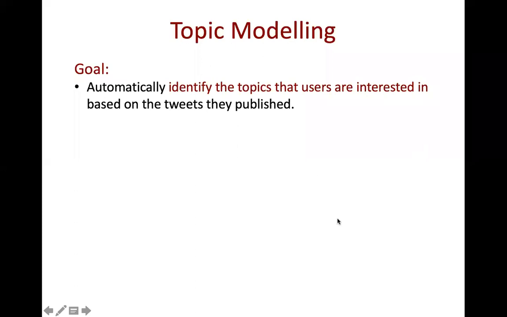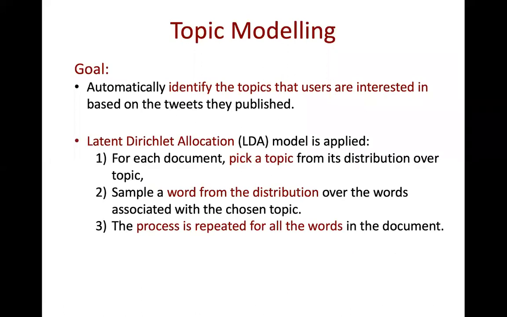So they were focused on topic modeling, aiming to identify the topics that users are interested in based on the tweets they have published. And they used the Latent Dirichlet Allocation model for this. LDA is a quite common, generative statistical model that, given a number of topics, distributes each user's content across the topics.